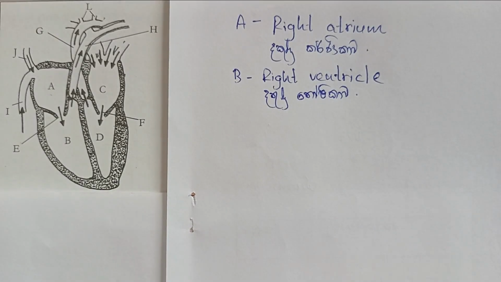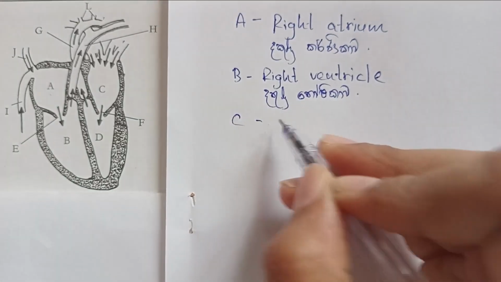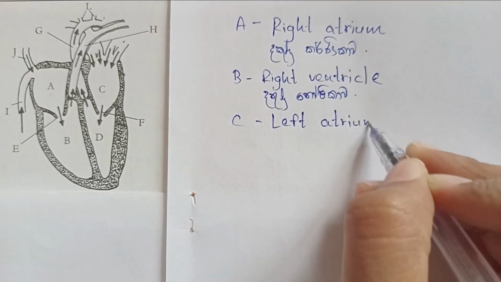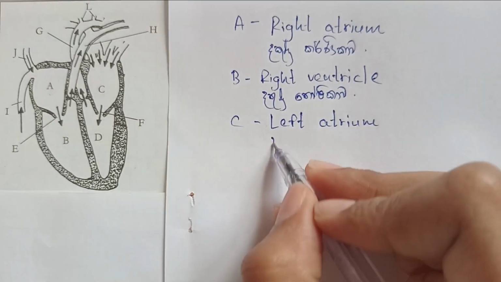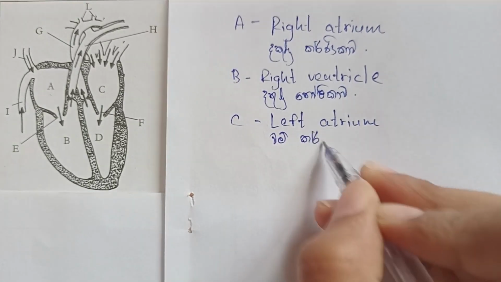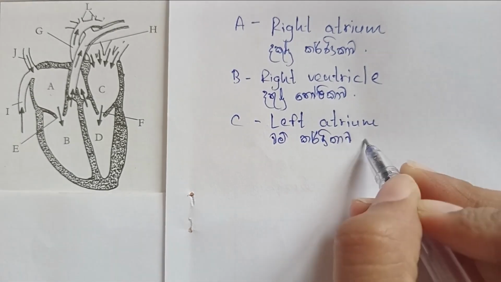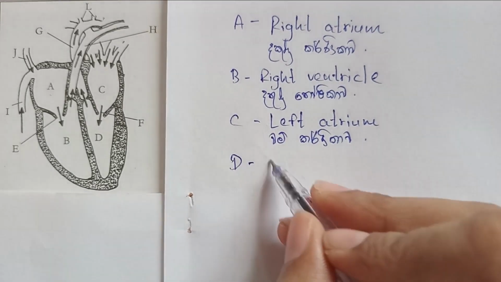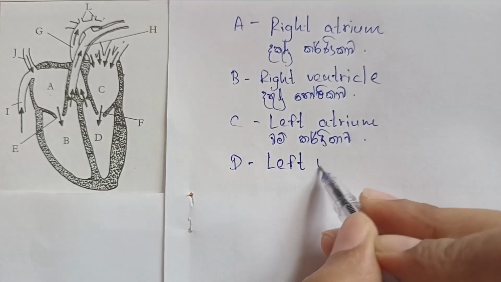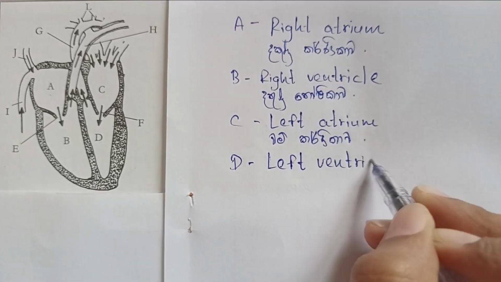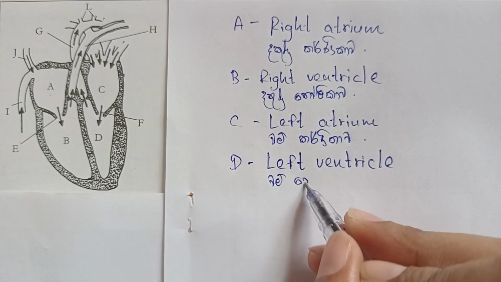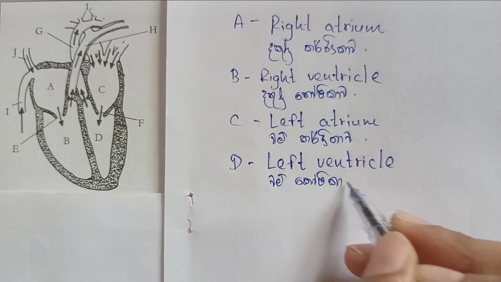Then you can label C and D. C means left atrium, Vam Karnikawa. Then D, we know that it is left ventricle, Vam Koshikawa.